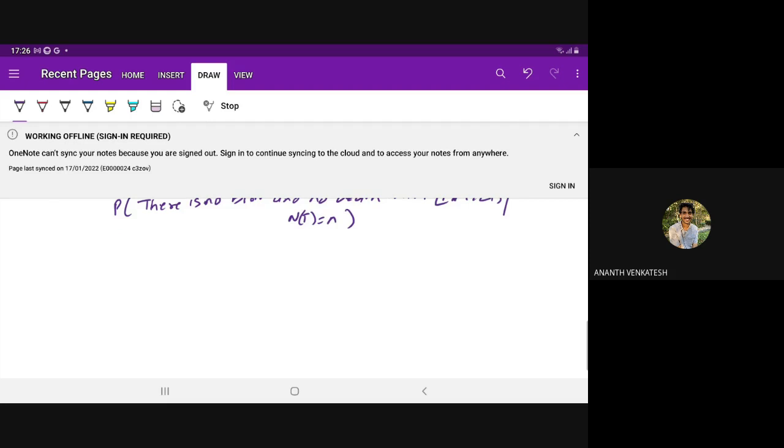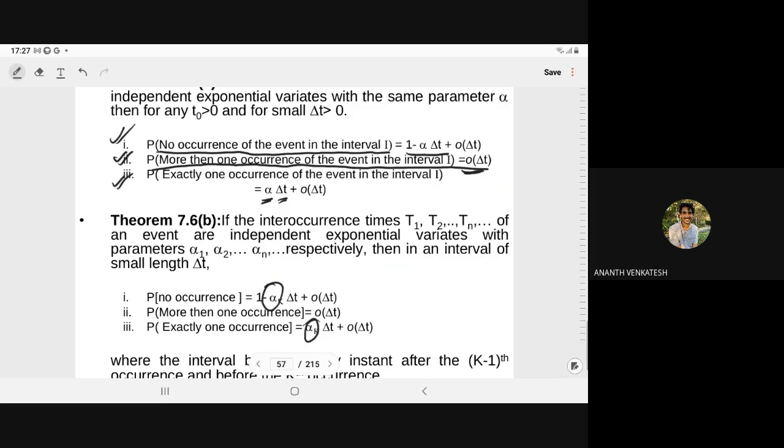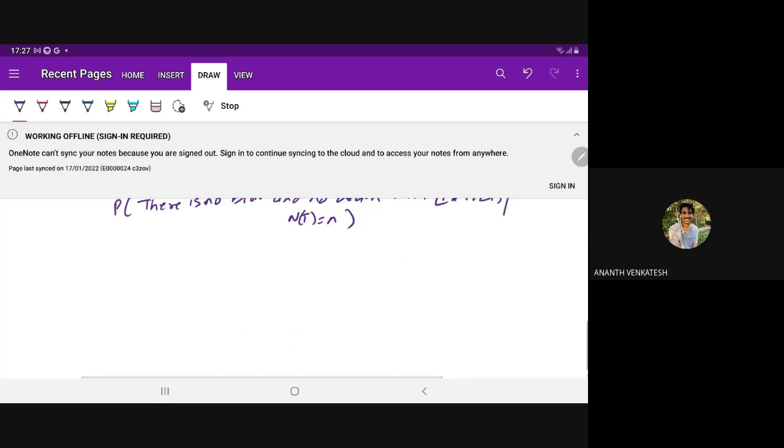No birth, no death means no occurrences, which will be 1 minus alpha delta t. This uses the additive property of the Poisson distribution: if x1 and x2 follow the Poisson distribution, then their sum x1 plus x2 also follows the Poisson distribution with the parameter of x1 plus parameter of x2.